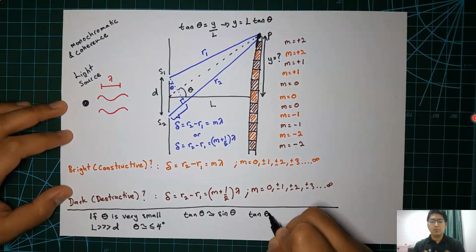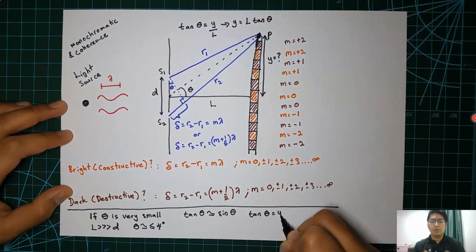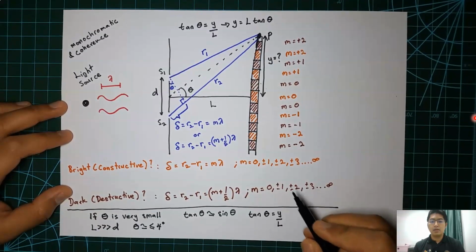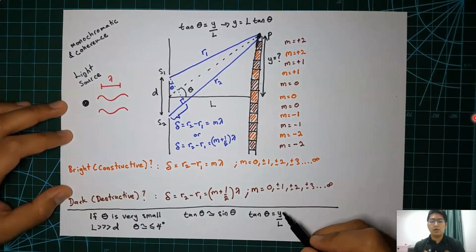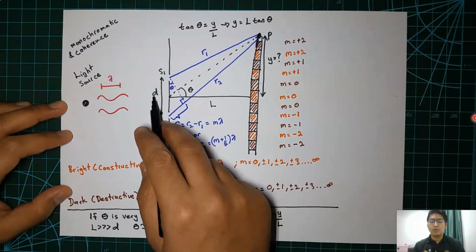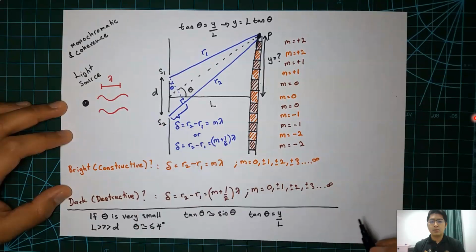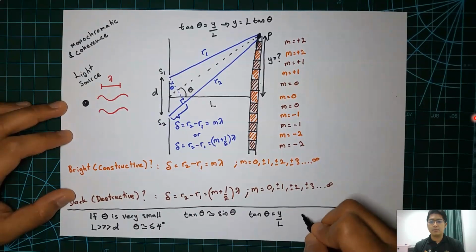So from here you can write tan theta equals y over L, the equation that has been given before, and then you can compare this equation with the path difference.